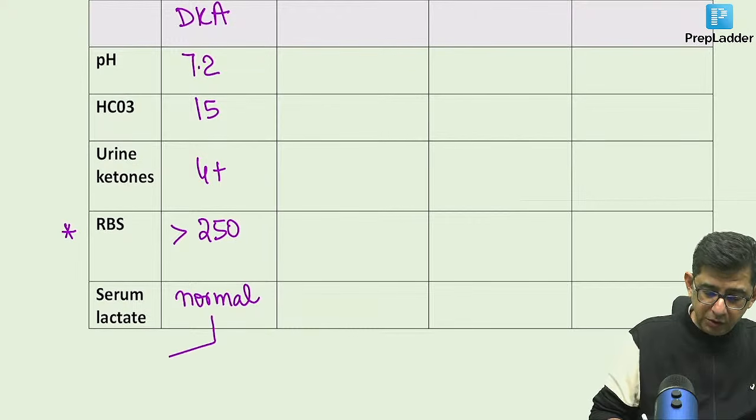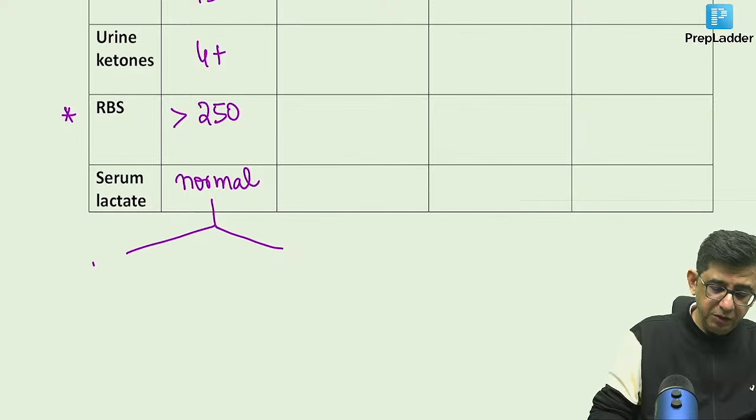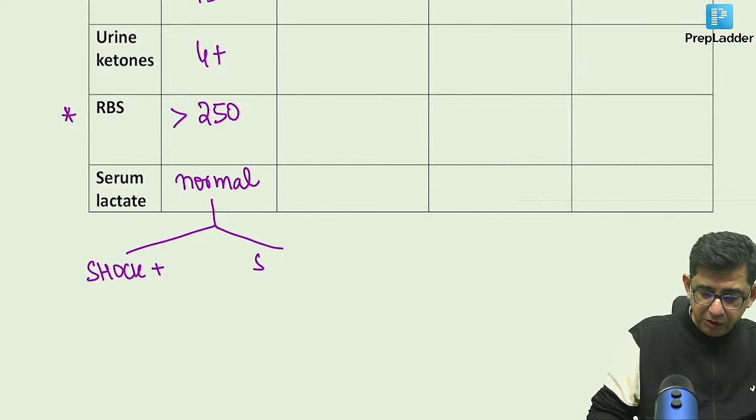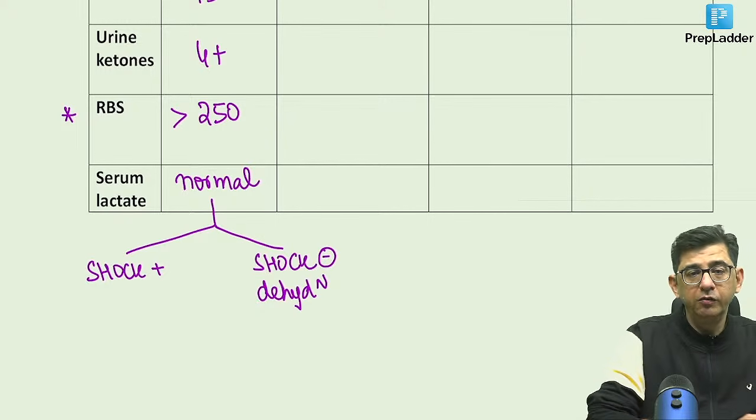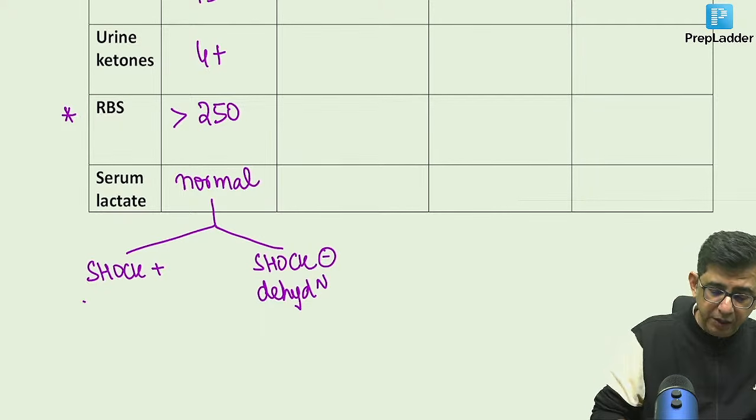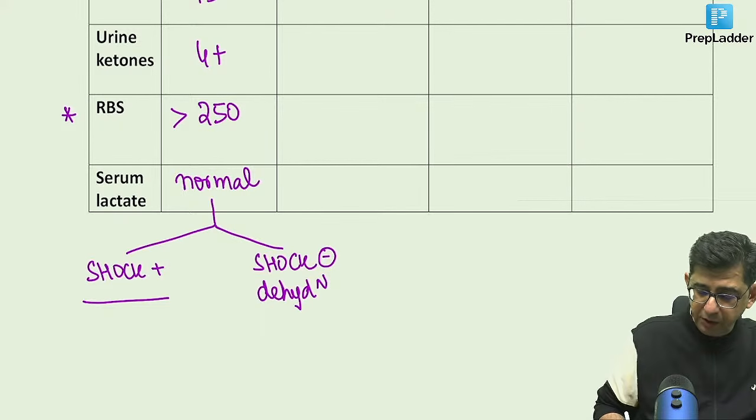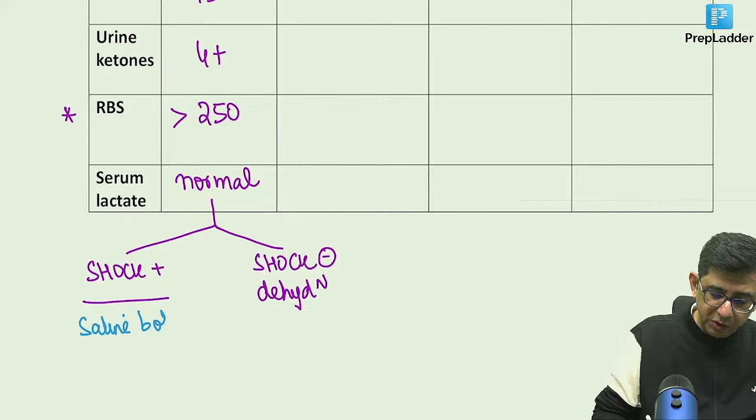In all these questions for diabetic ketoacidosis, do evaluate whether the patient is in circulatory failure. If the patient is not in circulatory failure but is having evidence of dehydration, that is okay. If the person is in circulatory failure and the question asks what you will do first, then your answer will be that I will be giving a saline bolus to this patient.